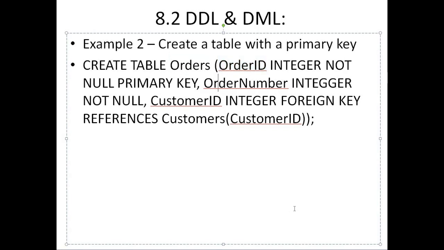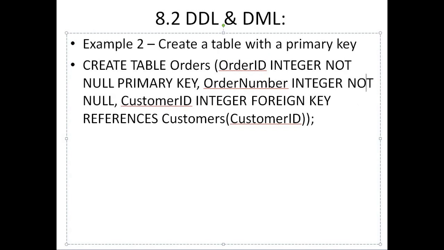Then we have order number. Again, it is integer, and not null means it cannot be left blank. Then we have customer ID, that is again integer, and this one would be the foreign key. And then in the end, or rather along with the foreign key, we are going to tell which table it is going to link to.